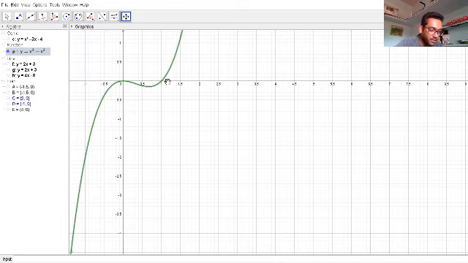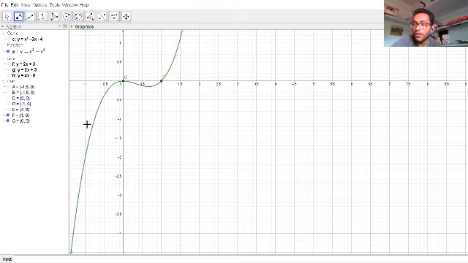Points I can find: one is this, 1, 0, and the other one is this, 0, 0. So this cubic polynomial is cutting or touching the x-axis at 2 points only. A cubic polynomial can intersect or touch the x-axis at 3 points maximum. Here it is touching only.